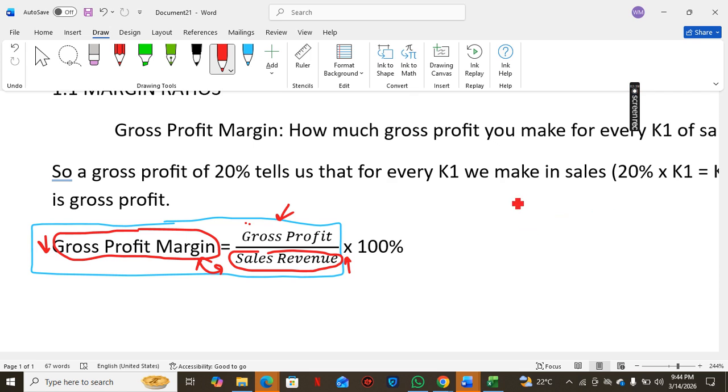Let's say this is your year 1, and this is year 2. Let's put gross profit and sales revenue.